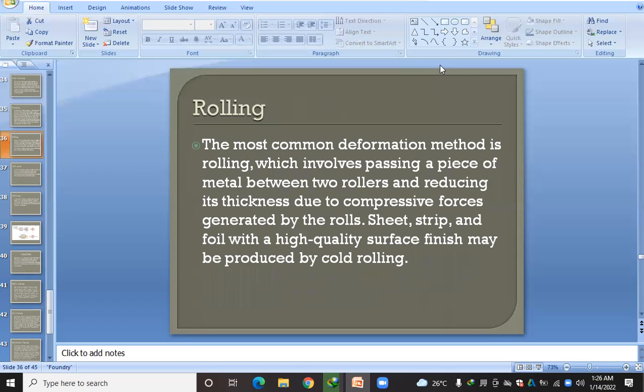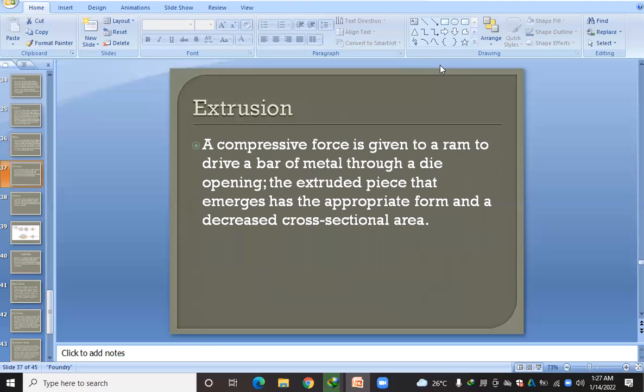Next is rolling. The most common deformation method is rolling, which involves pressing a piece of metal between two rollers and reducing its thickness due to the compressive force generated by a roll. Sheet, strips, and foil with a high quality surface finish may be produced by cold rolling and extrusion.